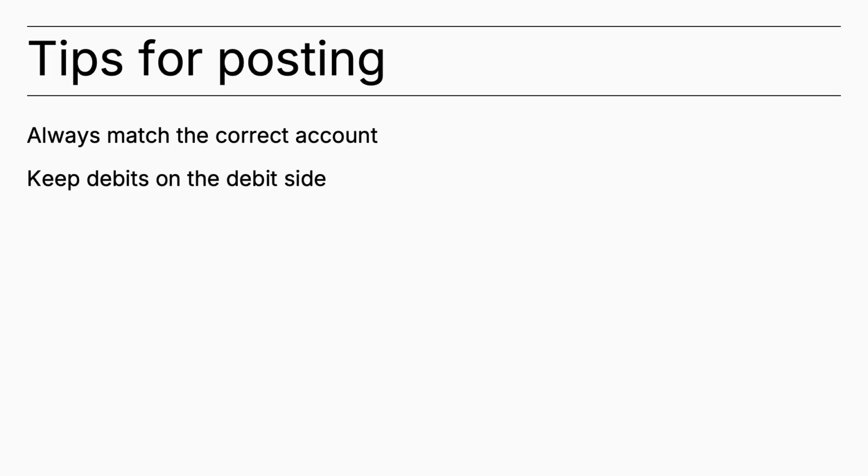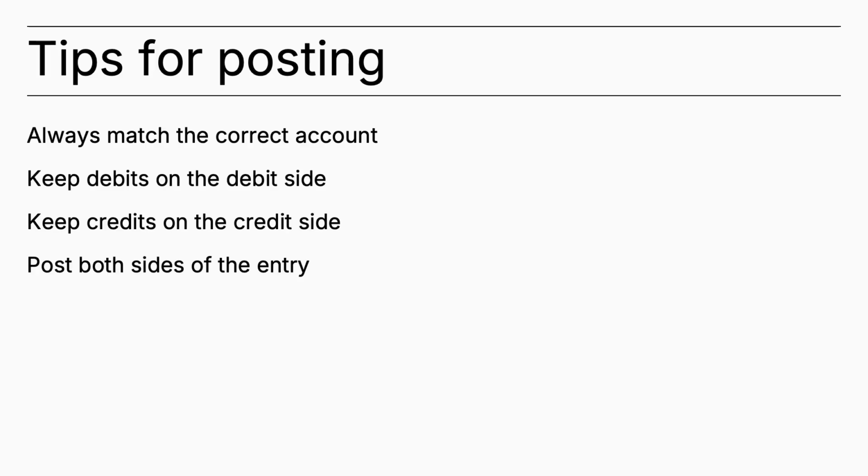Now let's go over a few important things to watch out for when posting. First, always make sure you are using the correct account from the journal entry before posting. Next, remember that debits always go to the debit side of the ledger. And of course, credits always go to the credit side. It's also important to always post both sides of the entry. Every journal entry has at least one debit and one credit, and both must be transferred.